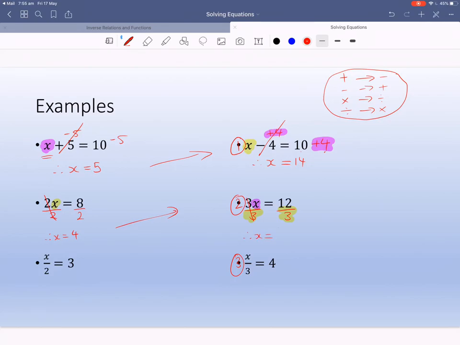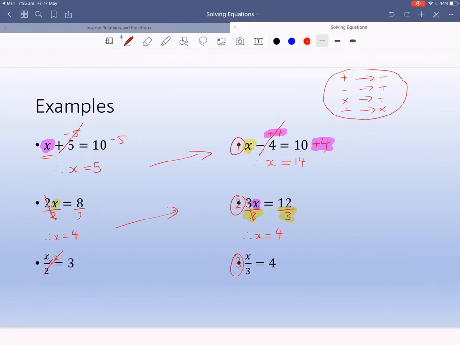Now this is the last one that we're going to do for our example. This is divide by 2, because remember, we said that divided by is the same as a fraction. So what is the opposite of divide by 2? Times 2.